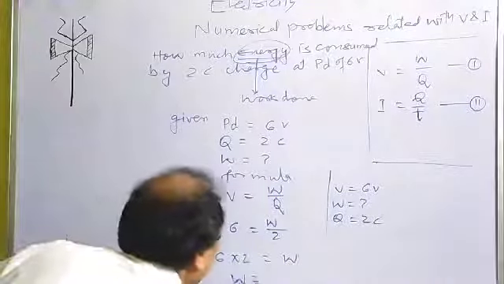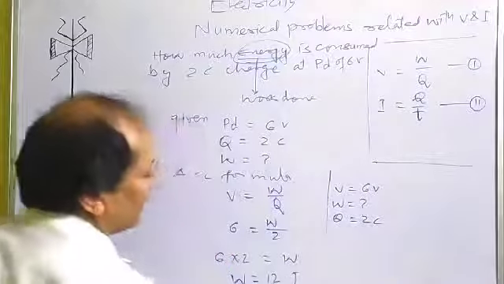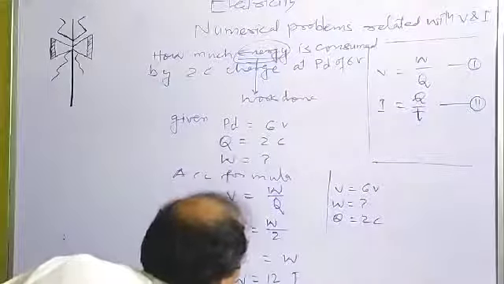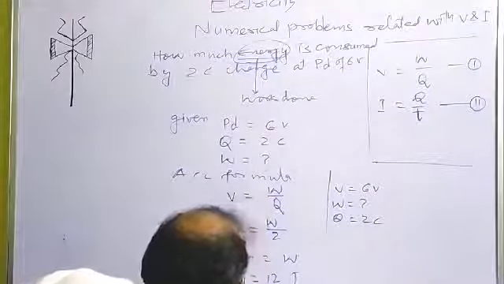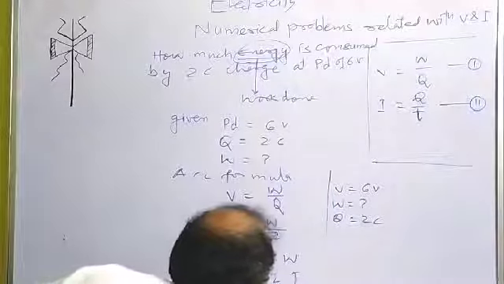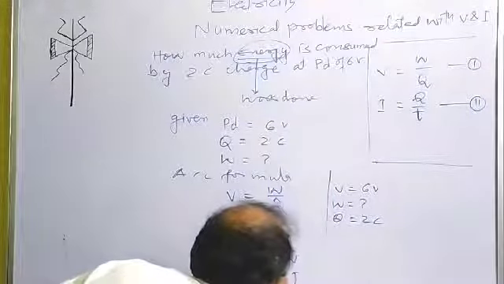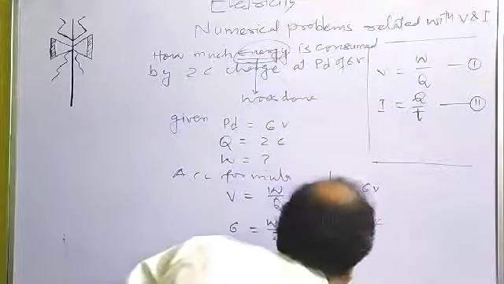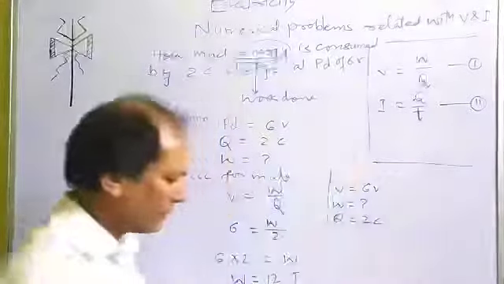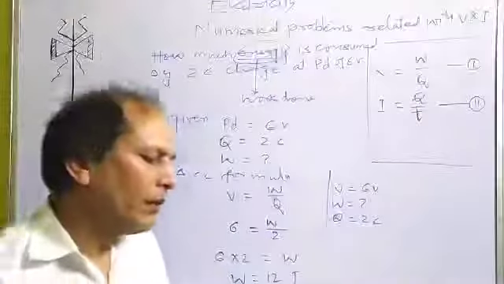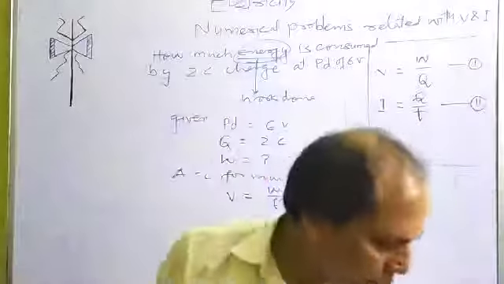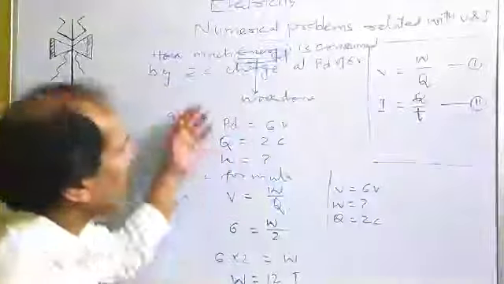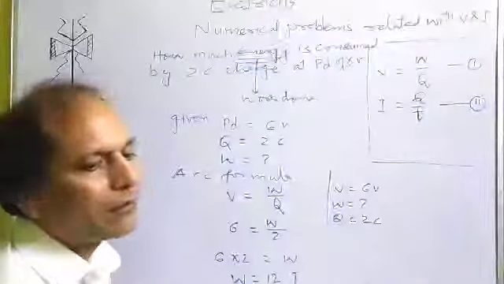So work done equal to 12 joule. And as you know, work done is proportional to energy, so energy consumed is 12 joule. So these are the numerical problems related with potential difference.